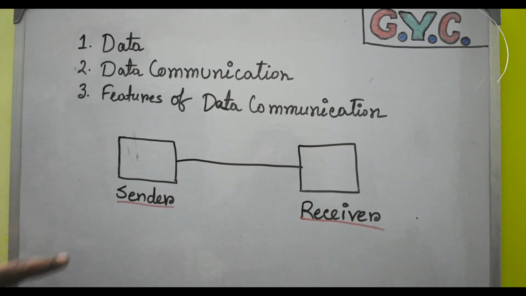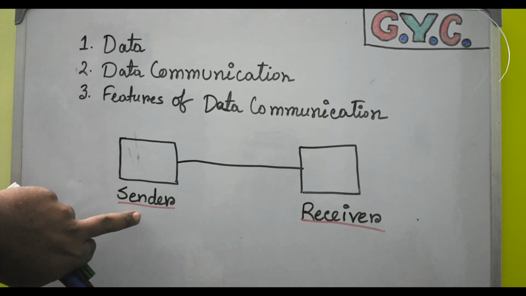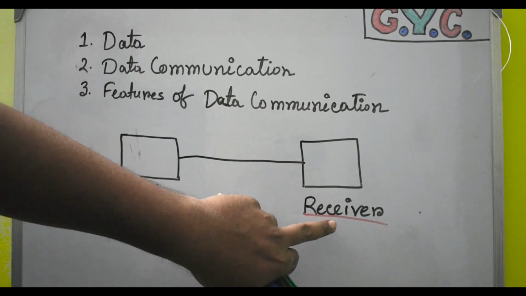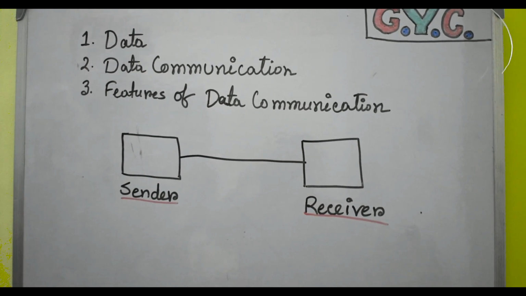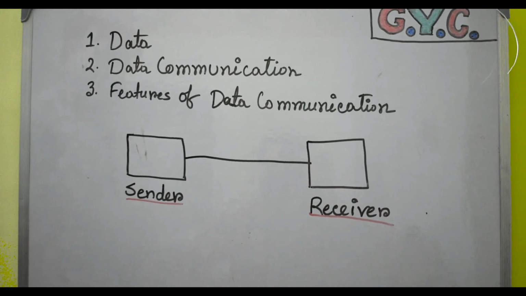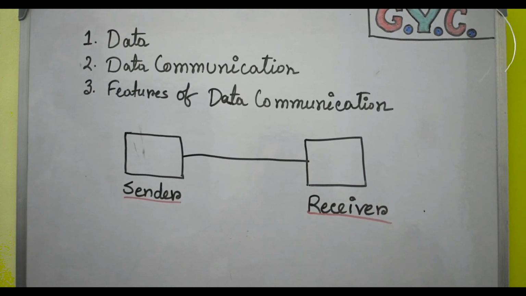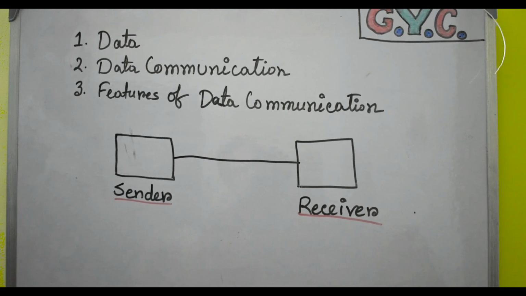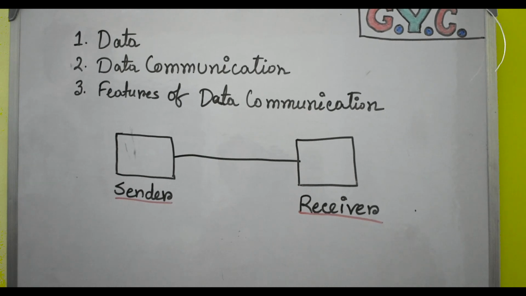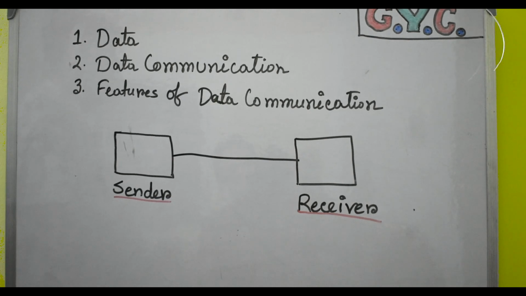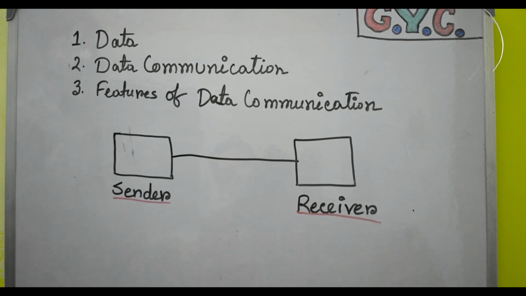Whenever I send a message from my computer or system to my friend, the intended receiver, a communication is taking place between us. This communication is known as data communication. In other words, it is a valuable communication between a sender and its intended receiver.